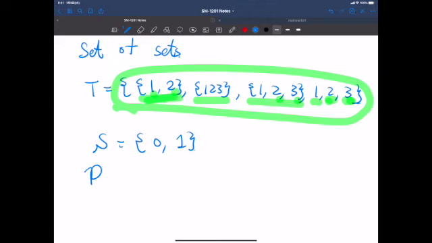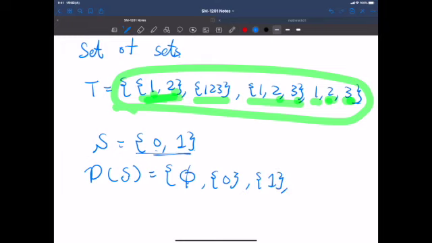We can define something called the power set, which is the set of all subsets of S. The power set of S is the set of all subsets of S, and that is: first, the empty set, the set consisting of 0, the set consisting of 1, and the set consisting of S itself, that is the set of 0 and 1. So in this case, if there are 2 elements, there are 4 elements in the power set.